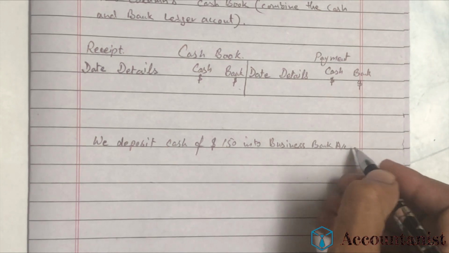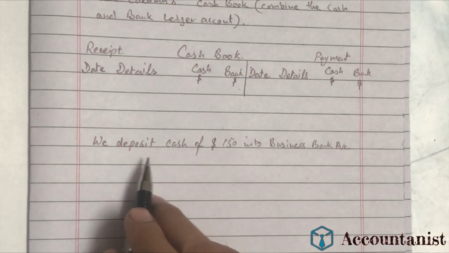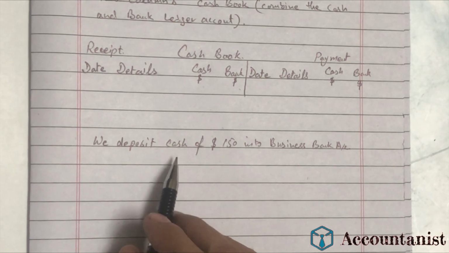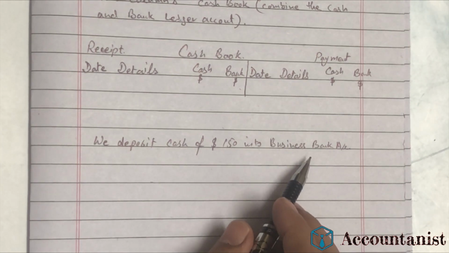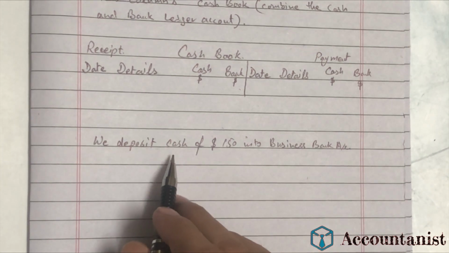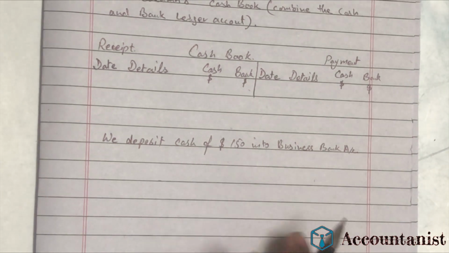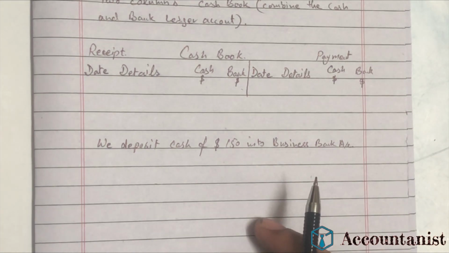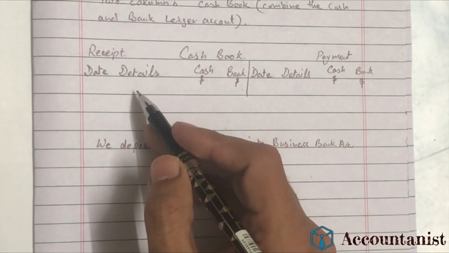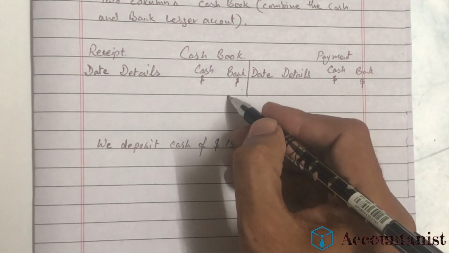Now in this transaction, as we deposit the cash from the business into the business bank account, our cash balance is going to decrease and our bank account balance is going to increase. So we will come to the debit side, as our bank balance is going to increase, and we'll write down $150 here.